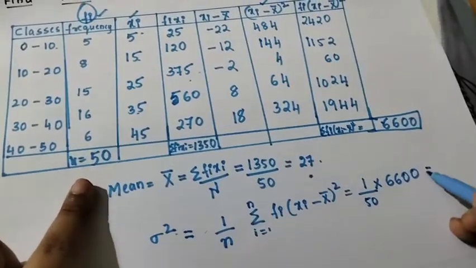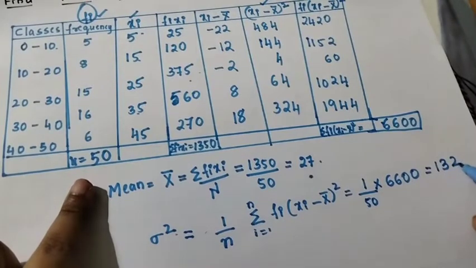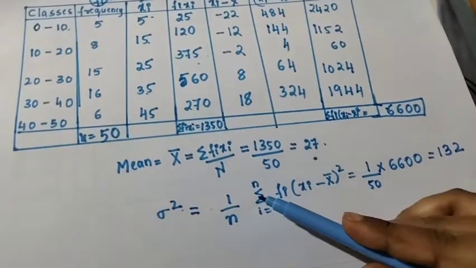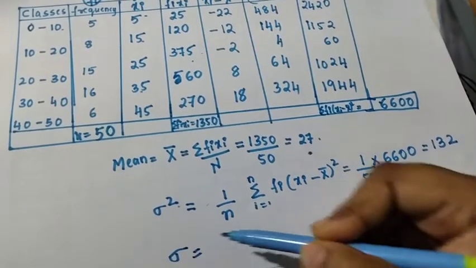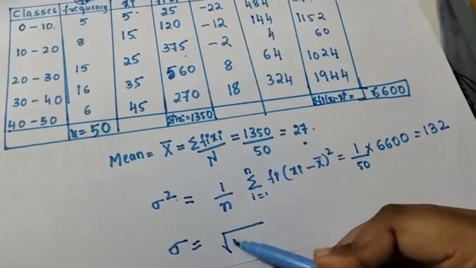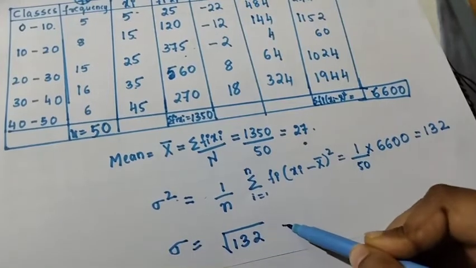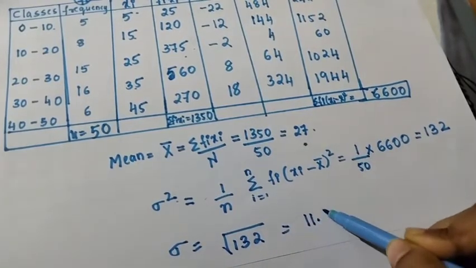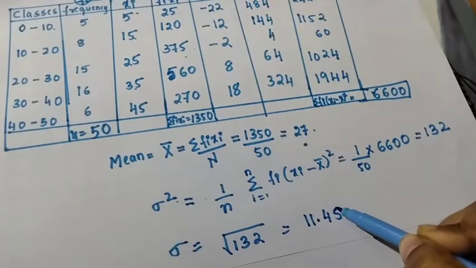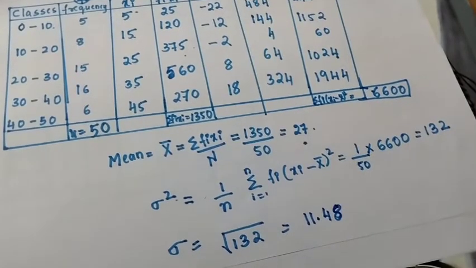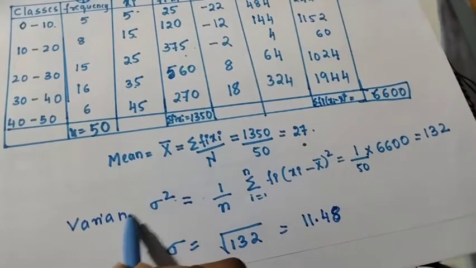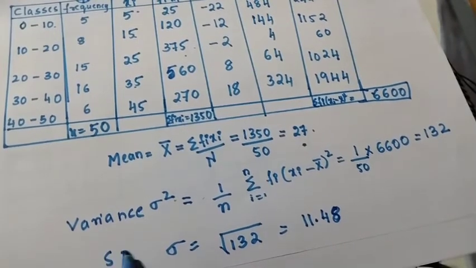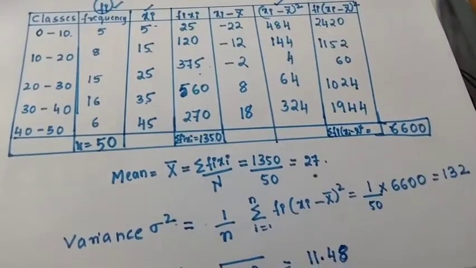So its value is equal to 132. This is your variance value. If you want the standard deviation, it will be equal to the square root of 132, which is 11.48. So this is the variance, and this is the standard deviation.